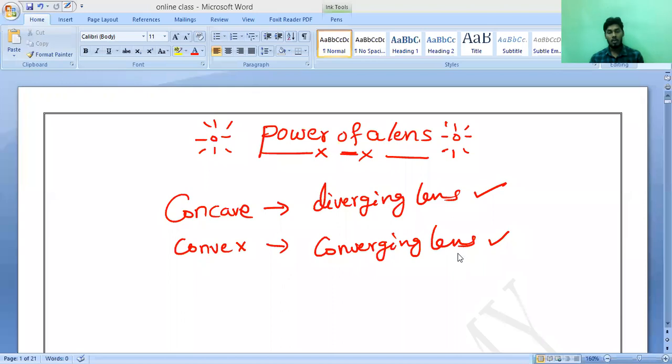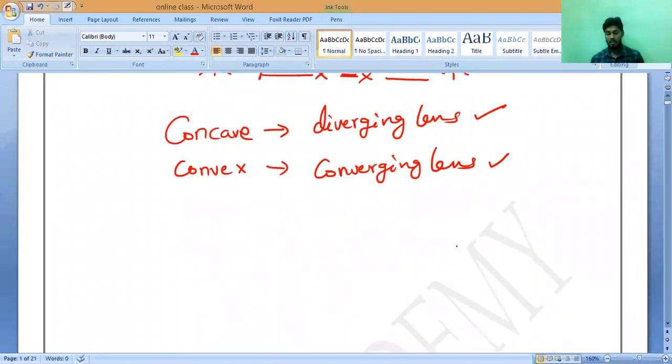Do you understand? We have two kinds of lenses. One is the concave lens, another is the convex lens. One is a diverging lens and another is a converging lens.